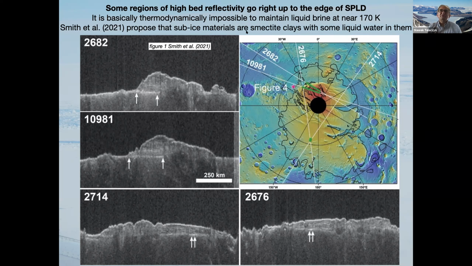They actually did some lab experiments and proposed that a smectite that has been frozen to temperatures not as cold as 170, but pretty cold in a lab, retains enough liquid to be conductive enough and to have high enough permittivity to explain these high reflections on Mars without a lake.